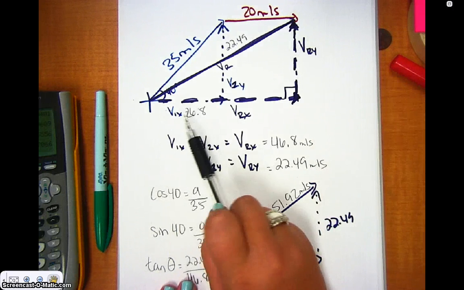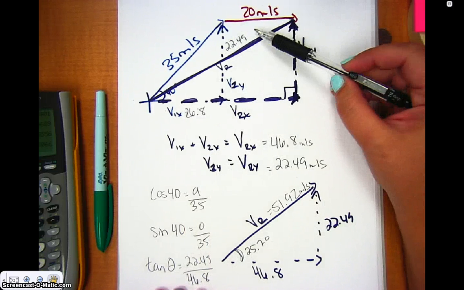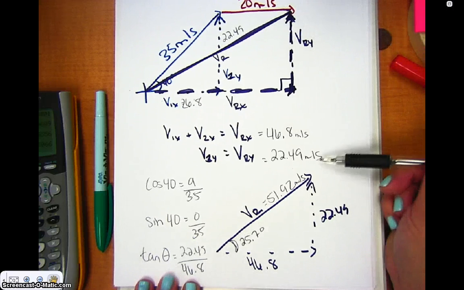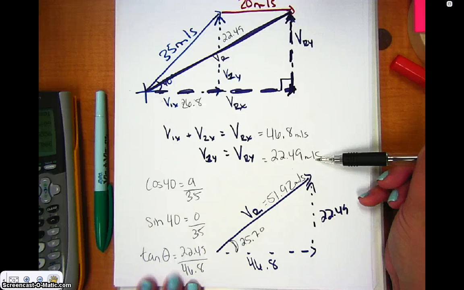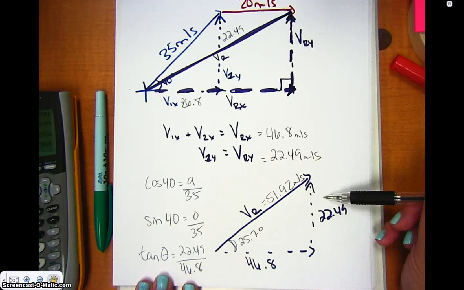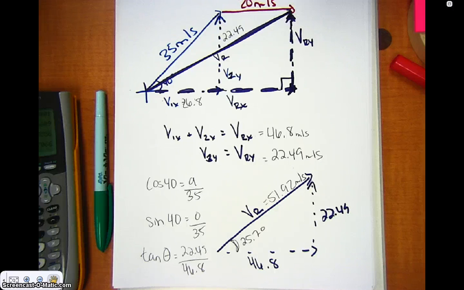Then I determine the x and y components using trigonometry for every single one of my vectors. I add the x's and the y's together to find the resultant x and the resultant y. And then I use the Pythagorean theorem and trigonometry to figure out the hypotenuse as well as the angle.